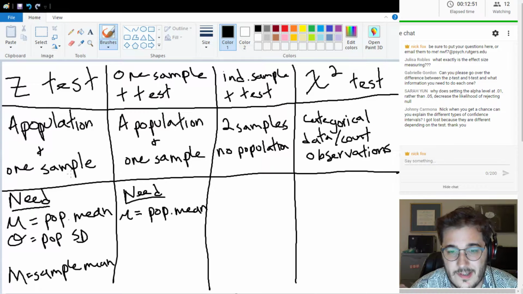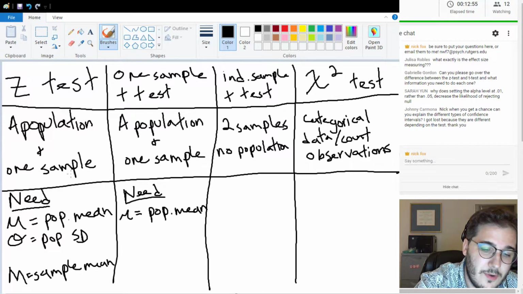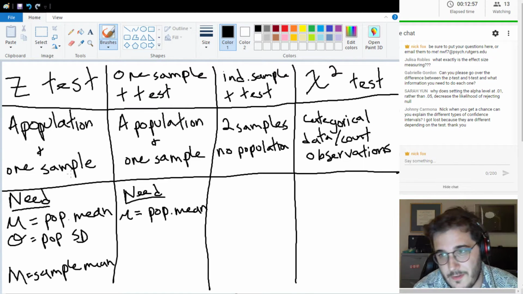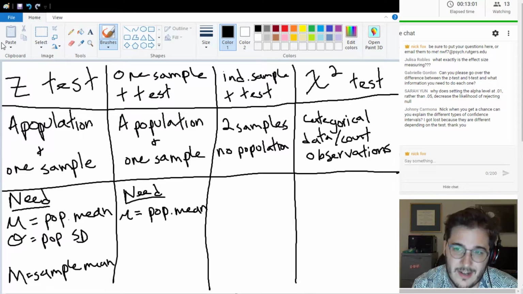That's just the better way to go, because you're able to properly use the standard error of the mean. You don't have to estimate it. It's a cleaner, more precise test. But oftentimes you don't have sigma, so you have to get by some other way. So here you need mu, the population mean, and then you need m.